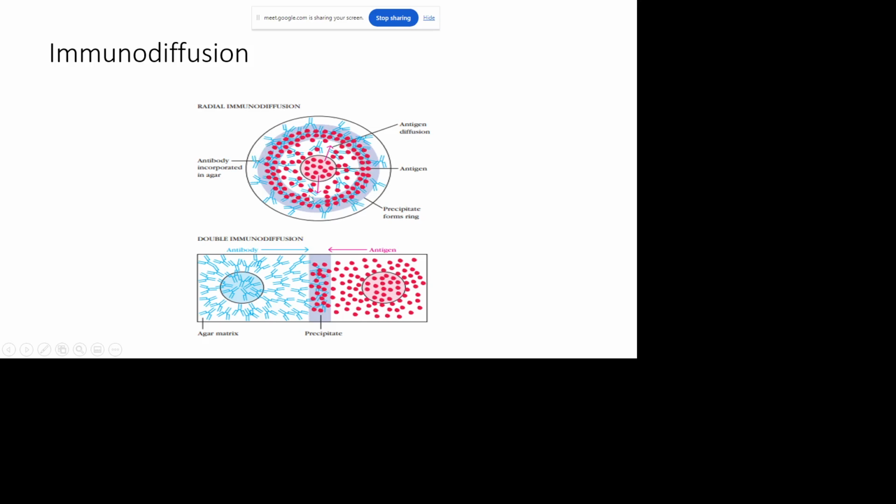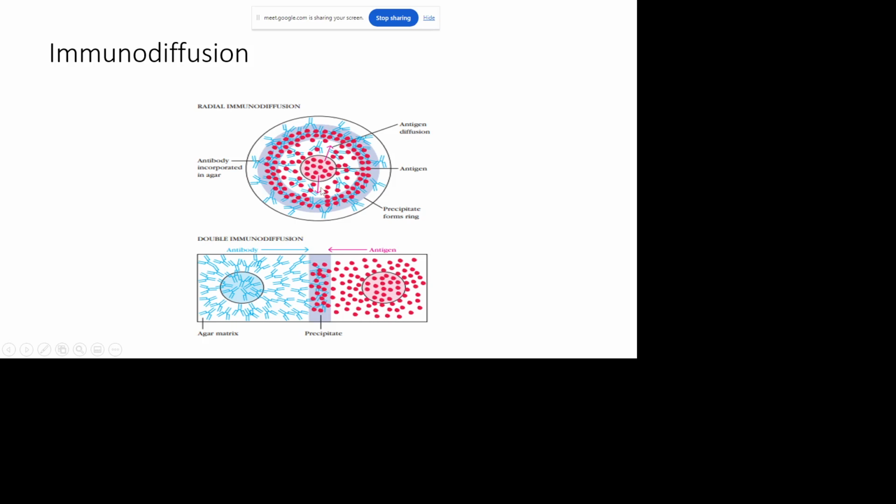Now when you get more antibodies, this amount of antibody will be equal to the antigen. So as this has turned into an equivalence zone, you are now getting a precipitation line here, right?